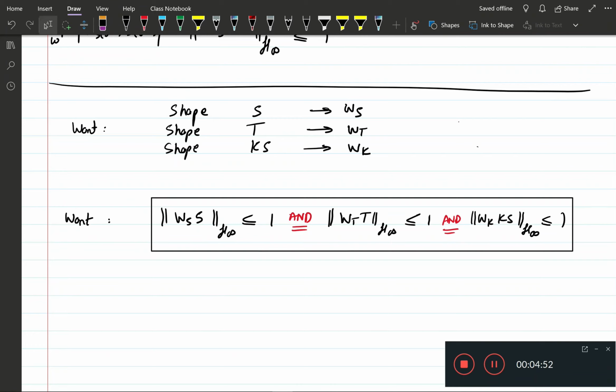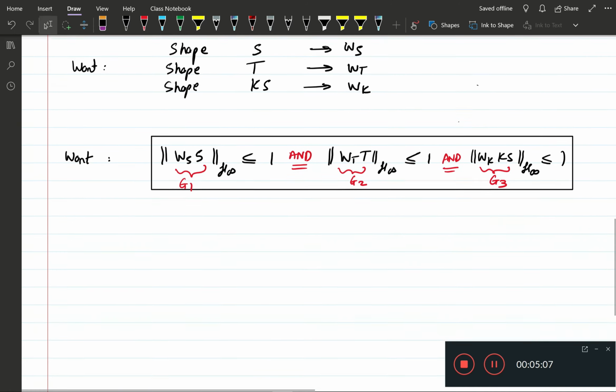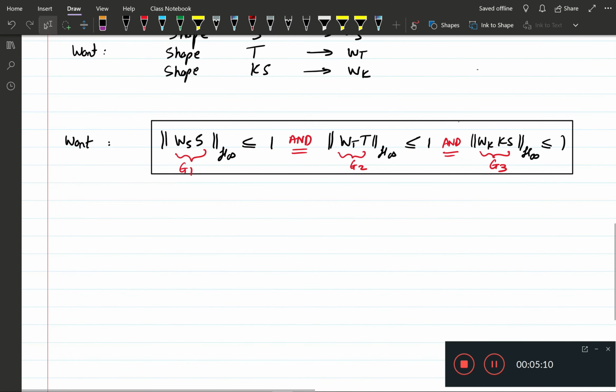Now for making the notation simple, let's call this G1, let's call this G2, let's call this G3, so we don't have to write all these Ws S, Wk KS all the time.